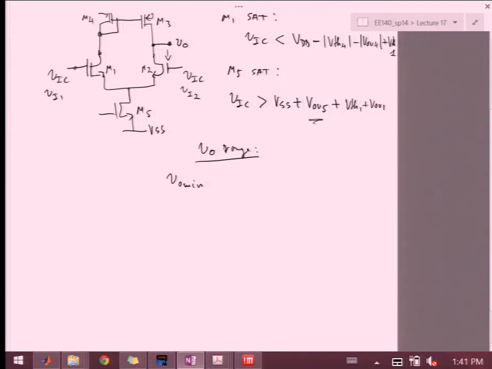VO min has to be greater than what? Which transistor is going to be critical? M2. So VO min is VI2 minus VTH2.